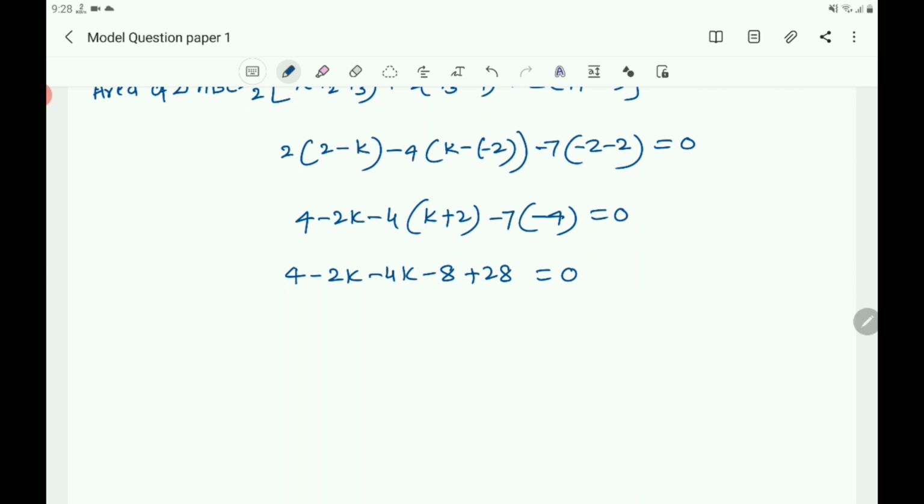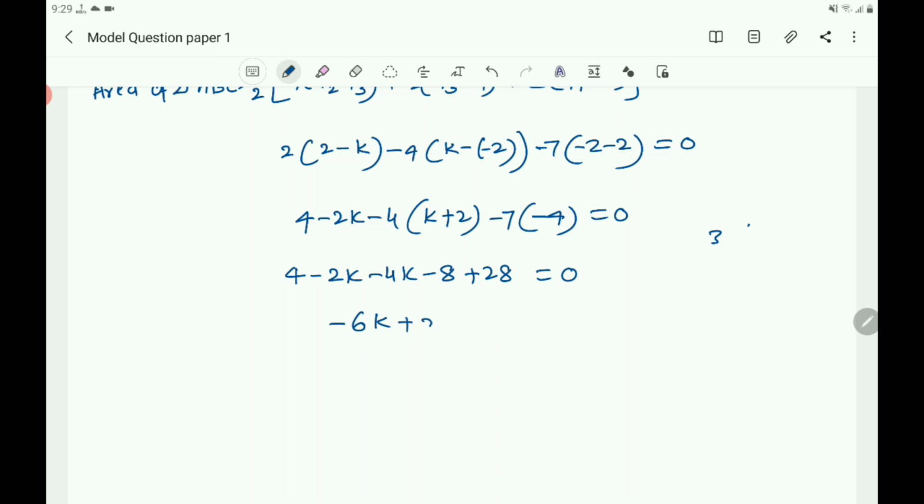Then minus 2k and minus 4k, you can add them and put the same sign here, minus 6k, and 4 minus 8 is minus 4, or otherwise you add these two, 28 plus 4 is 32, 32 minus 8 is 24 you will get.